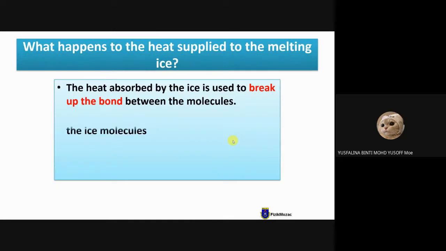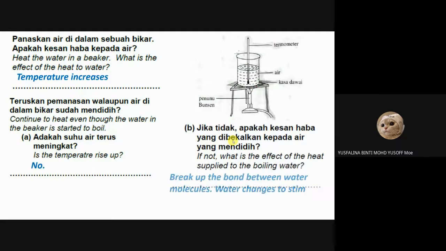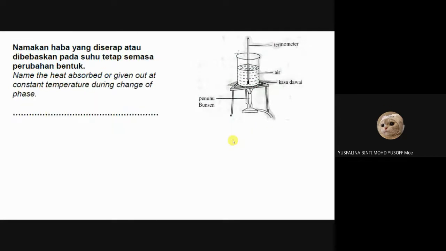And for boiling, from liquid to gas, what type of latent heat is used here? If that one is fusion, what is this one? Yes, latent heat of vaporization. This one has a wrong spelling. So latent heat of vaporization.